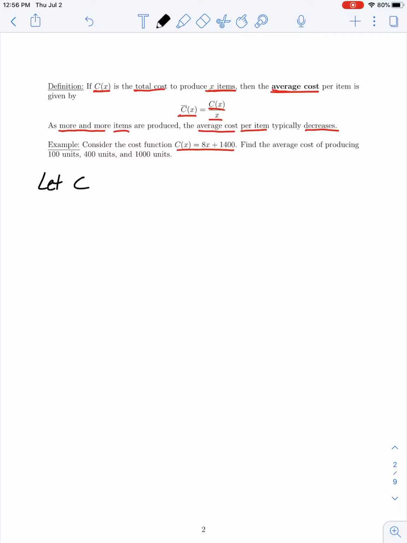So our average cost function, C bar of x, is defined as the cost function, C of x, divided by x. Or in this example, our cost function was 8x plus 1400, and then we're dividing by x, the number of items produced. Now, if we want, we could simplify this a little bit by splitting our fraction.